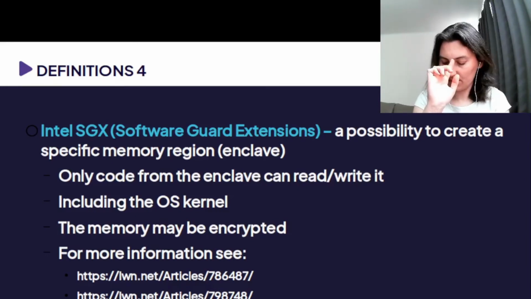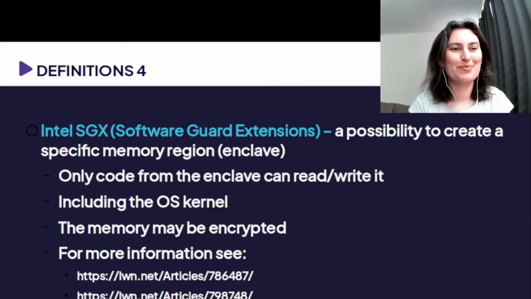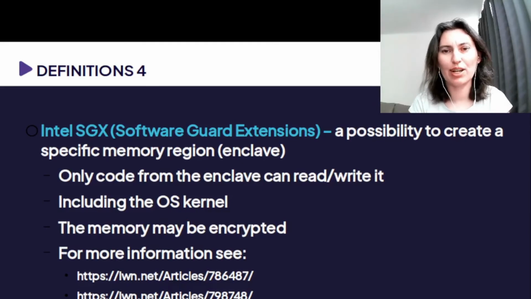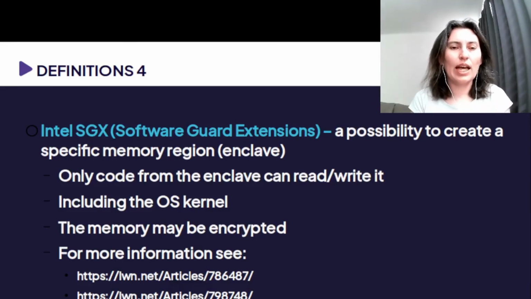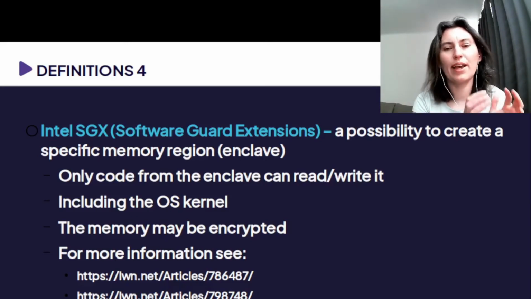Now, let's switch platforms to the Intel platform. It has SGX solutions in different versions also, so I'm simplifying a bit. SGX allows you to create a specific memory region called an enclave. This enclave is a memory zone that is separate from the operating system kernel, and only code from the enclave can read and write it.